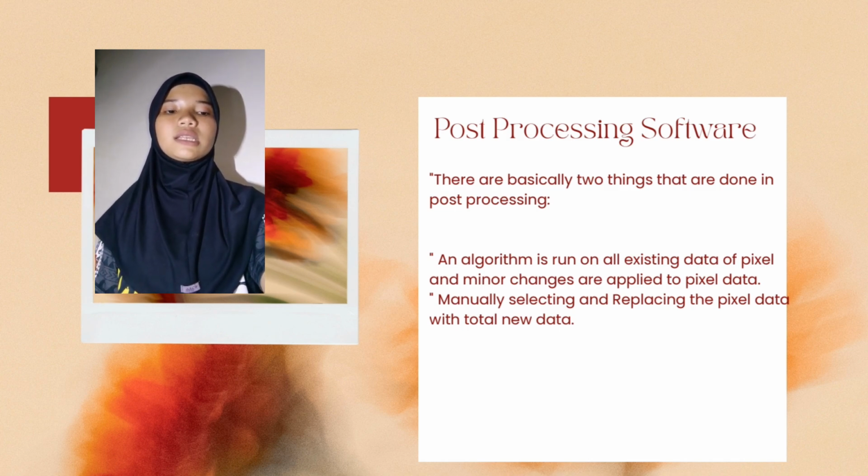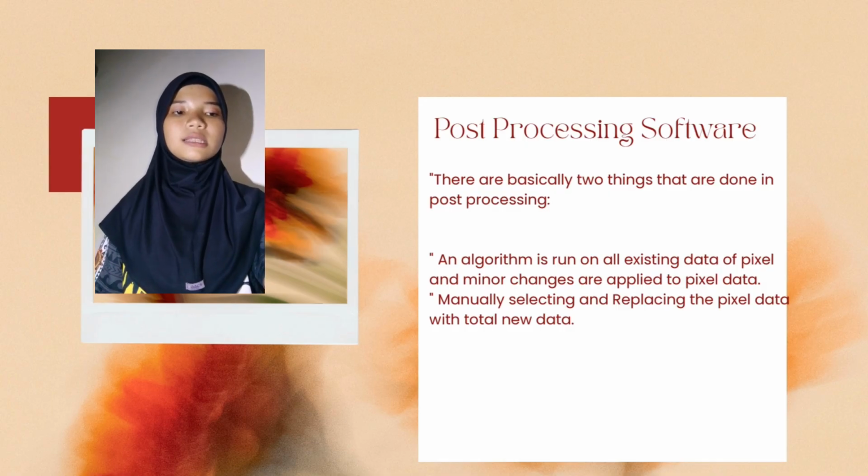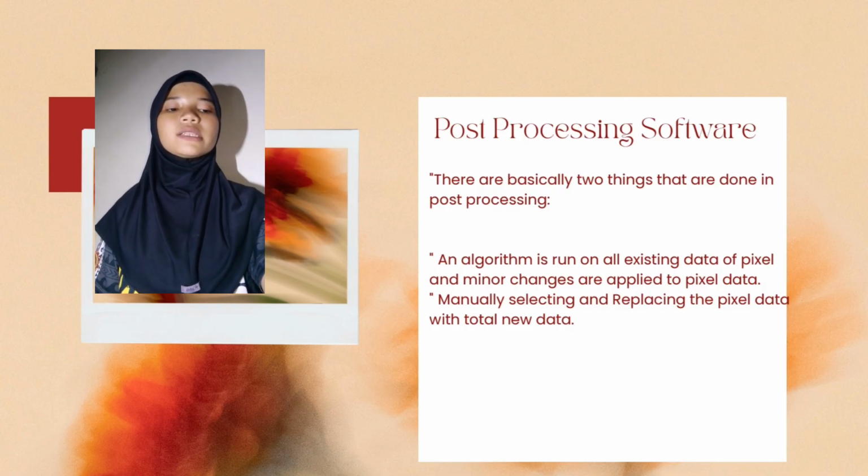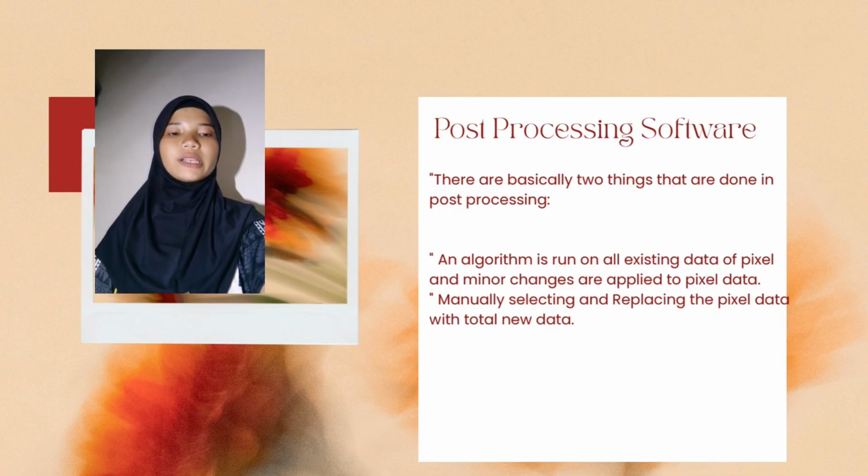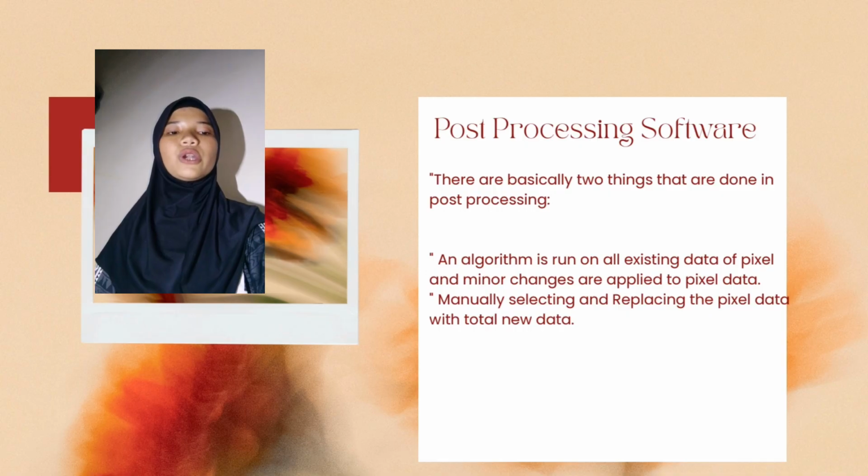The second one is manually selecting and replacing pixel data with new data. The editor manually changes specific details in the photo. For example, using Photoshop to change the color of someone's t-shirt or remove blemishes from a face.